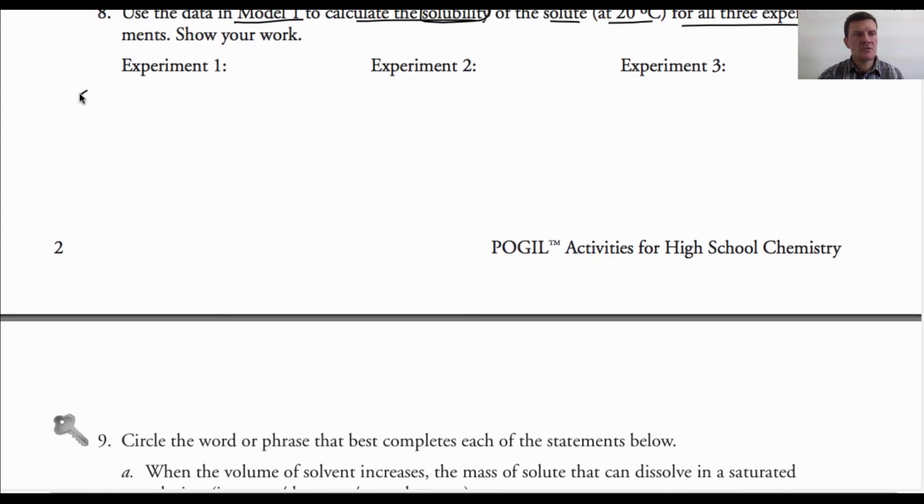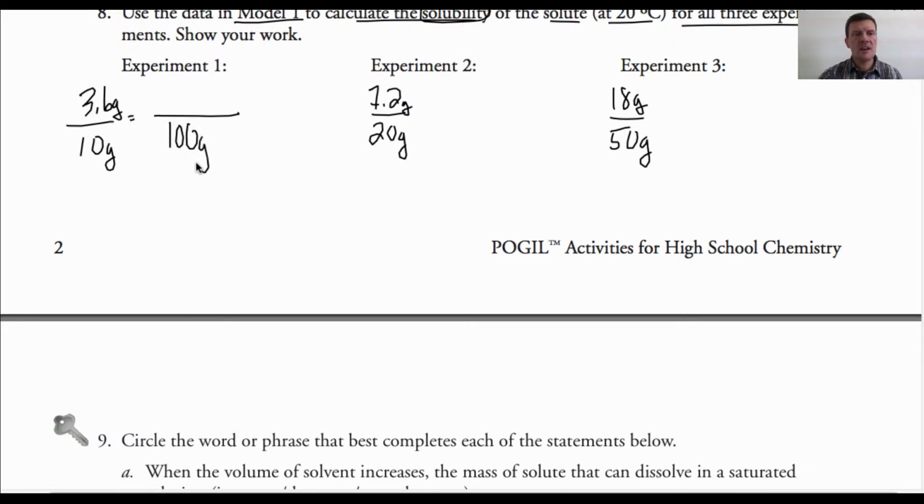So in experiment 1, it was 3.6 grams in 10 grams of water, and then it was 7.2 grams in 20 grams of water, and then it was 18 grams of the solute in 50 grams of water. Well, we need to find out how much that is per 100 grams of water. So I just multiply this by 10, that would be 36. Here, to get 100 grams of water, I'd have to multiply by 5. 7.2 times 5 is also going to be 36.